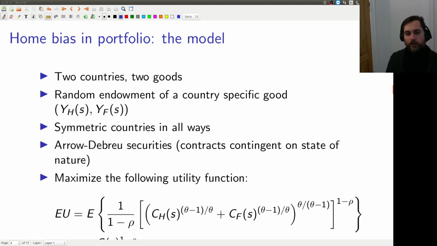And we're going to think first about Arrow-Debreu securities. This is a little bit weird because we ultimately want to talk about equity, and equity is not quite as flexible as an Arrow-Debreu security. I suppose you've probably seen Arrow-Debreu securities in other classes, even at CBS.